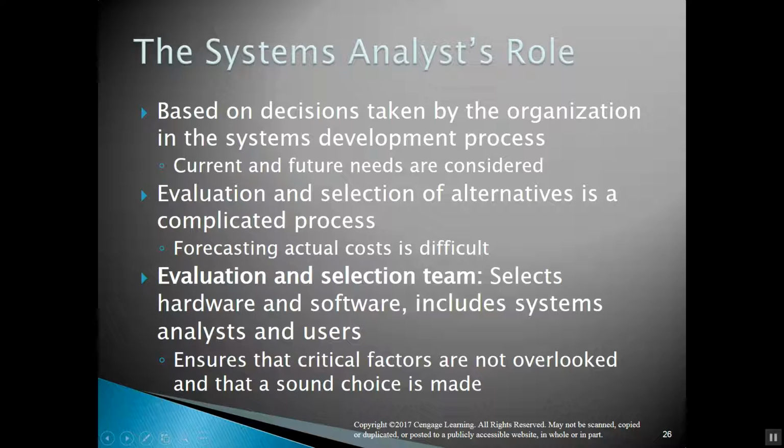Evaluation and selection of alternatives is quite complicated. Forecasting actual costs is difficult. How do we know what something's going to cost when it's an endeavor that's never taken place in the past? So it's tough to come up with exact numbers.